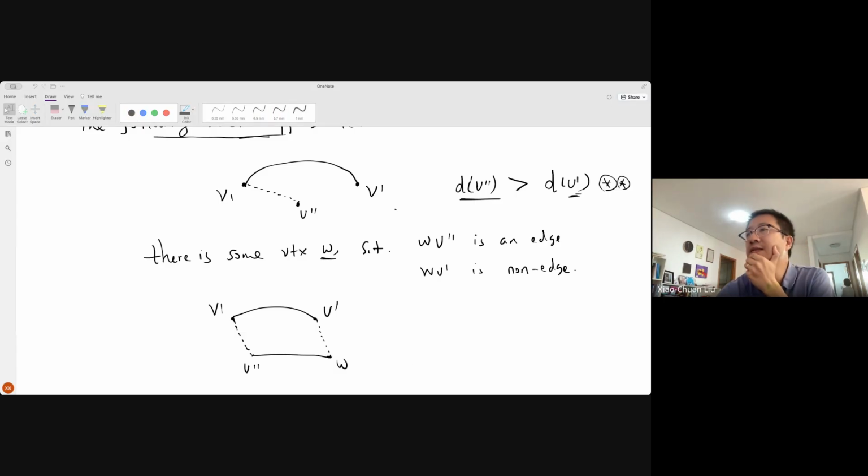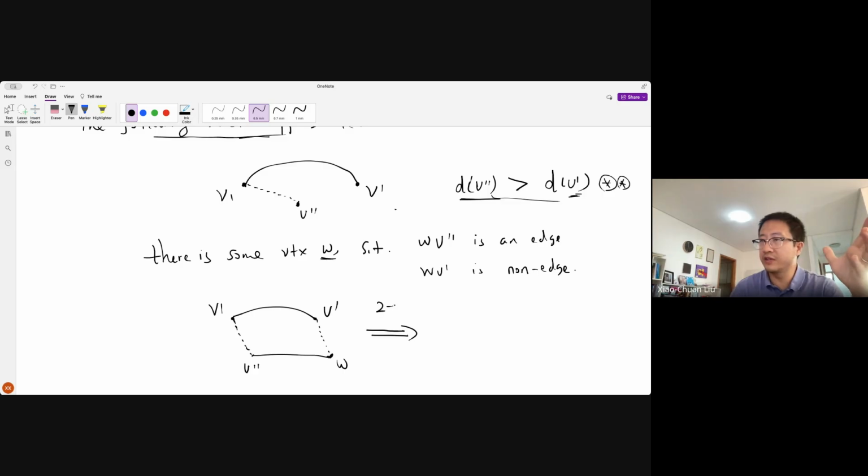All right? Because V prime prime has more neighbors, it has a larger degree, so we can choose some vertex W. It is the neighbor of V prime prime and is not the neighbor of V prime. This is crucial. Then we perform something called a two switch.